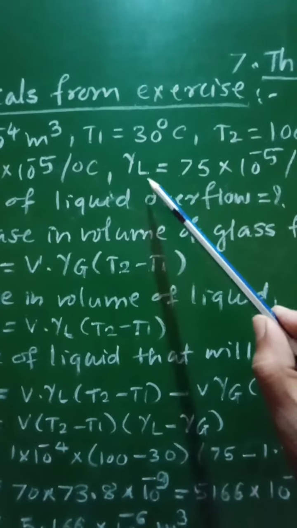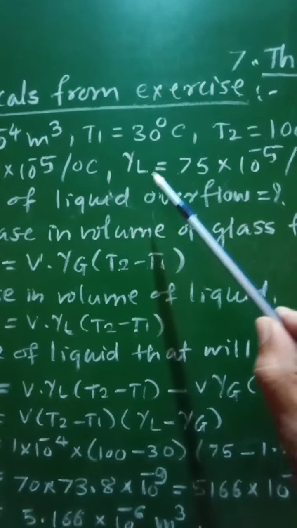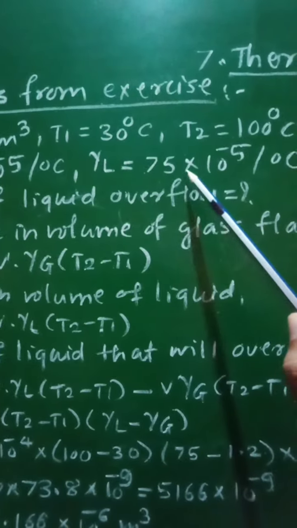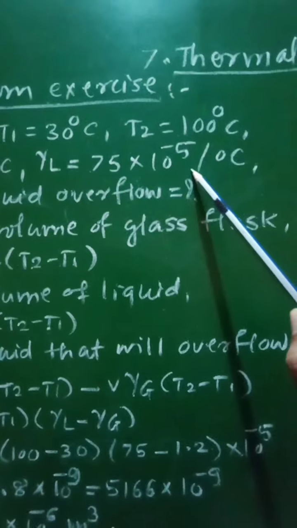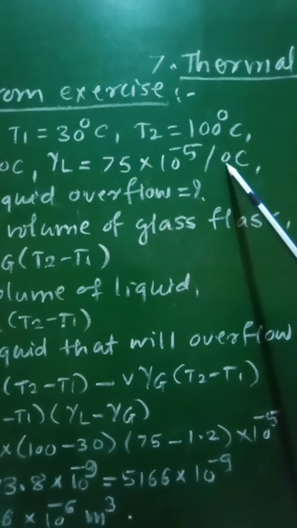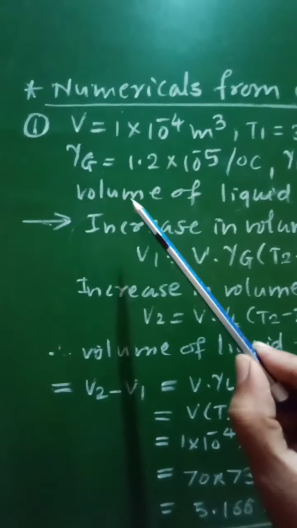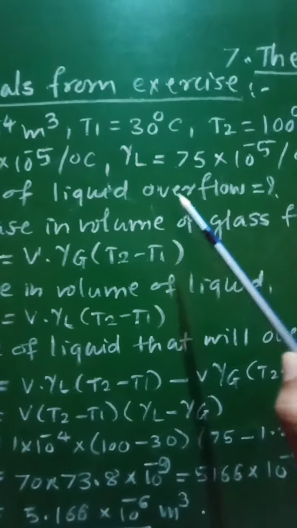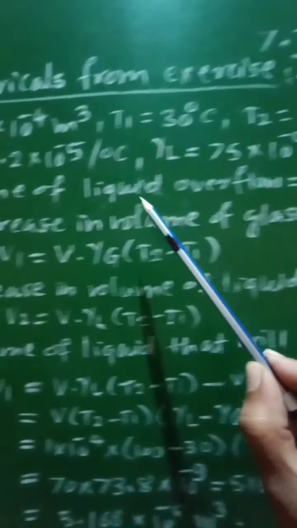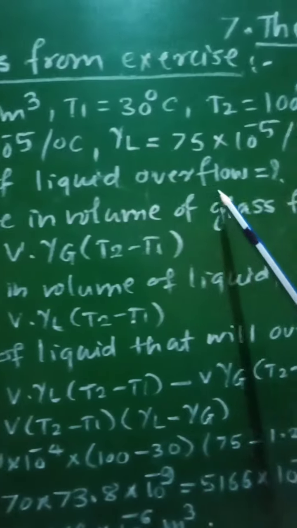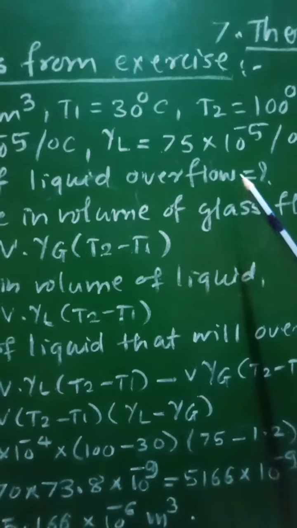Coefficient of volume expansion for liquid, gamma L, equal to 75 into 10 raised to minus 5 per degree Celsius. Then we have to find out the volume of liquid that will overflow.